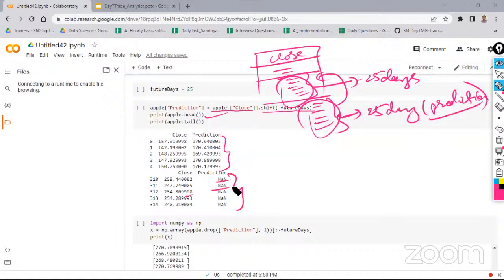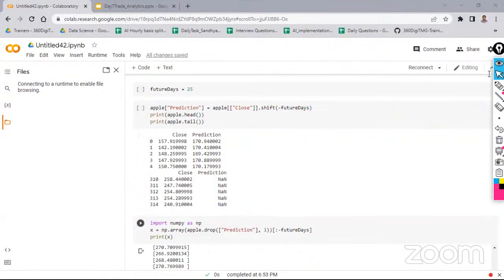So it will be null values because we don't know what is filled here. And we are passing the same value, that is prediction value. We are dropping that prediction value. Here you can see that we are dropping the prediction value 0 and 1, and we are completely taking all the minus future days. That means all these.